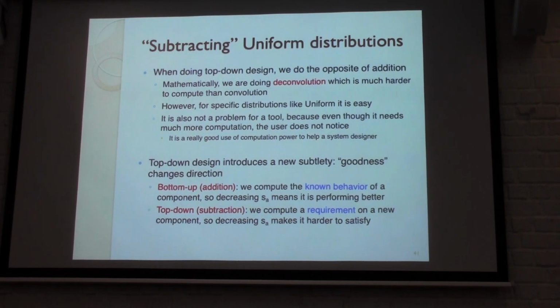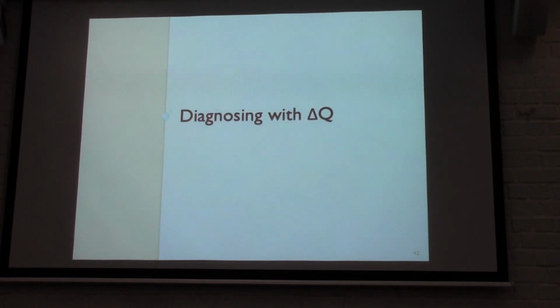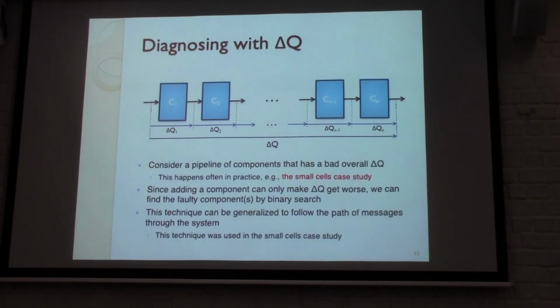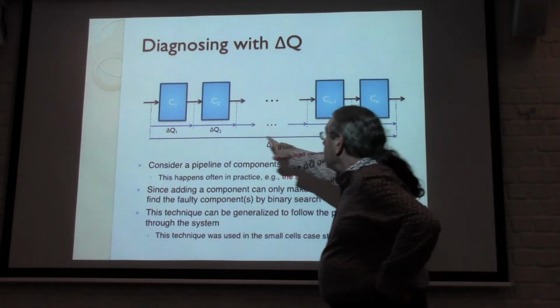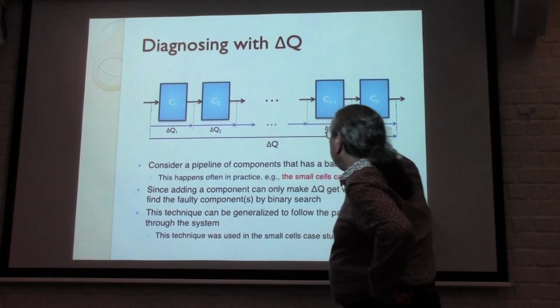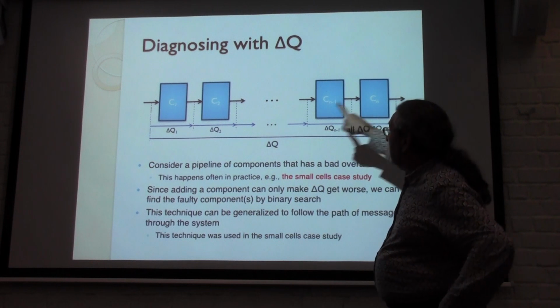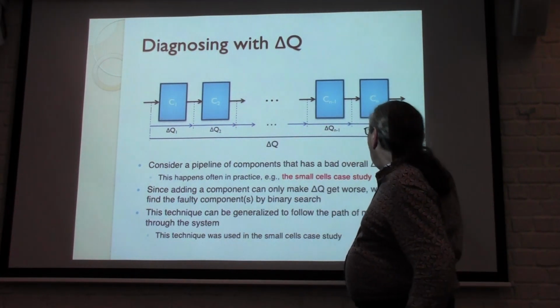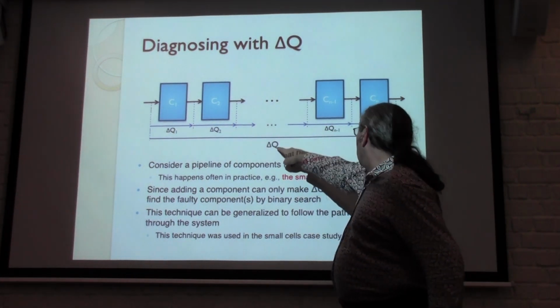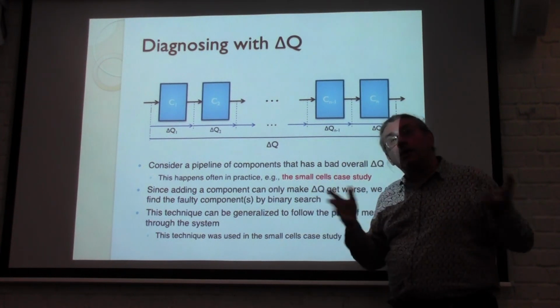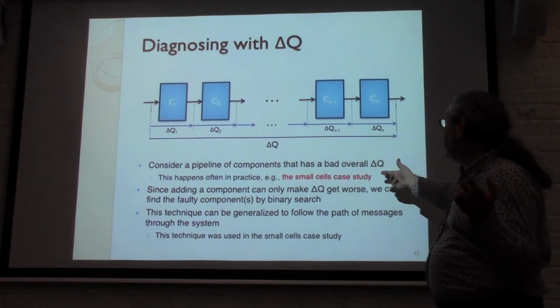Now the final one, let me talk about diagnosis, which is like debugging, huh? So this is like the small cells. Consider a bunch of components that are connected like this, and the overall delta Q is bad, okay? Something goes wrong, like in small cells.